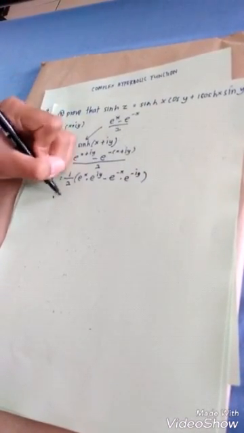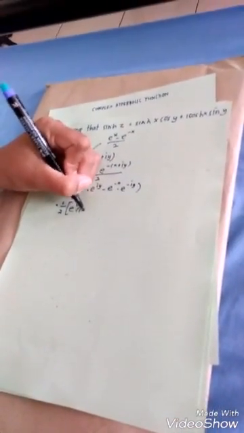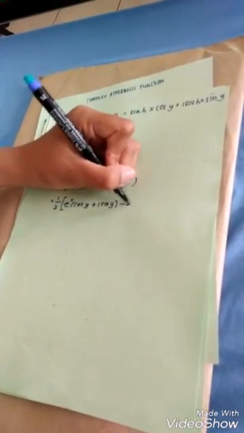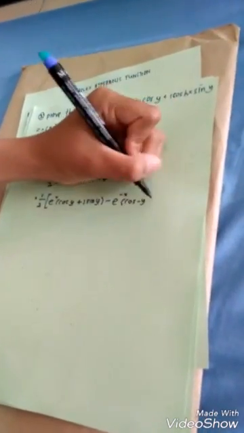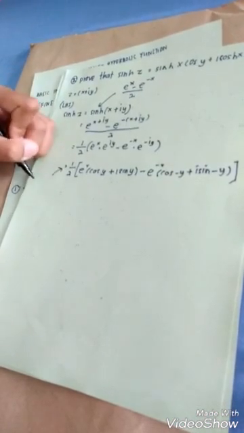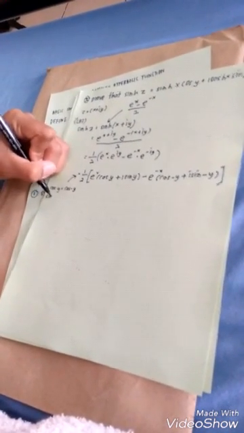Okay, then 1 over 2, we separate this: e^x (cos y plus i sin y) minus e^(-x) (cos negative y plus i sin negative y). Okay, so here cos y equals cos negative y, and sin y equals negative sin negative y.